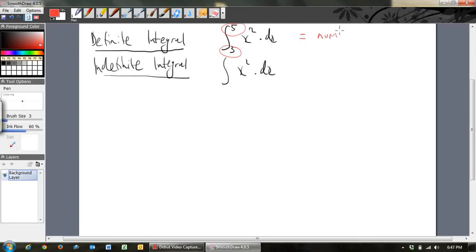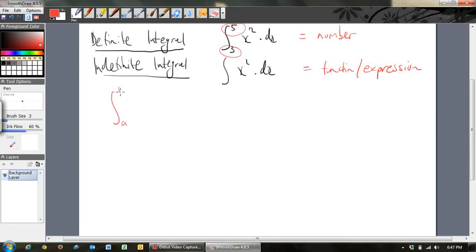So with a definite integral, you'll get a numerical answer. With an indefinite integral, you'll get some function or expression. That's the difference between those two.